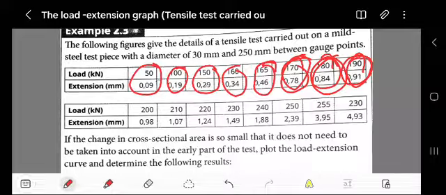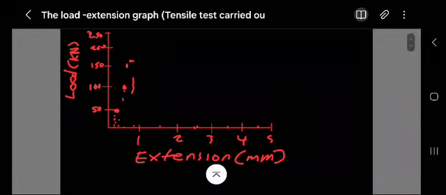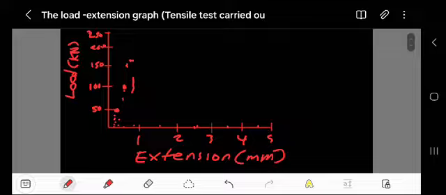As you can see, these points are packed closely there. 170 is somewhere there, and 180 is somewhere there.